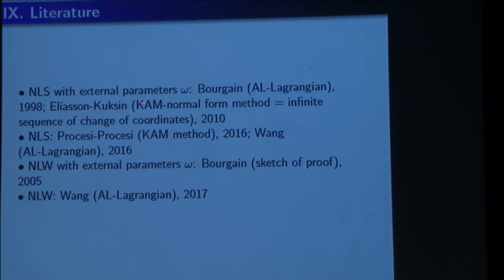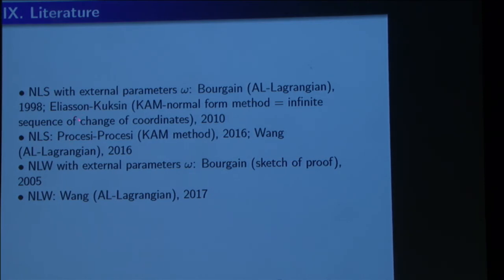It was followed by work by Eliasson and Kuksin using the KAM normal form method. I would say Bourgain's method now should be seen as the Anderson localization or Lagrangian method. We stay on the base manifold. And Eliasson and Kuksin were able to do the KAM normal form method, an infinite sequence of changes of coordinates. That was 2010.